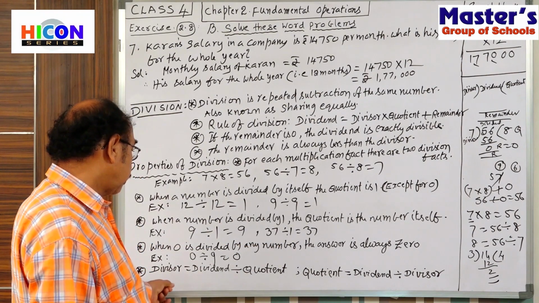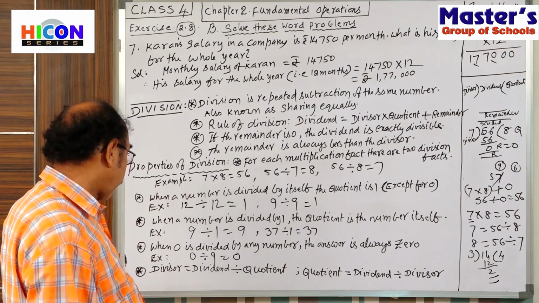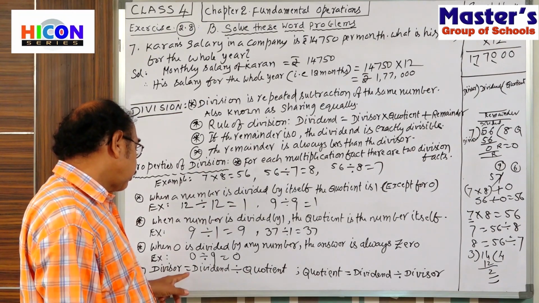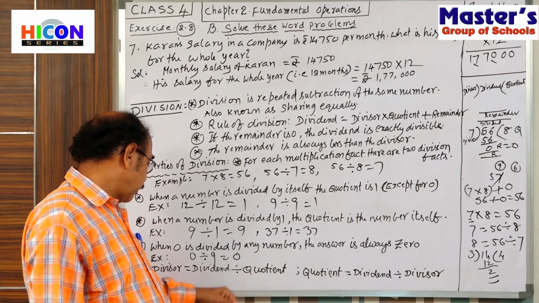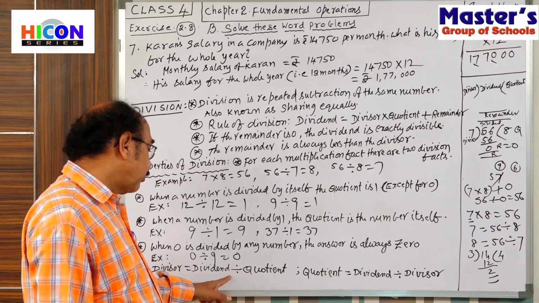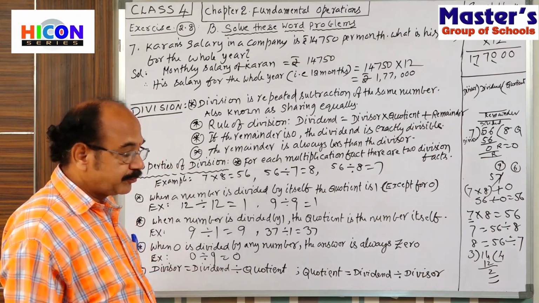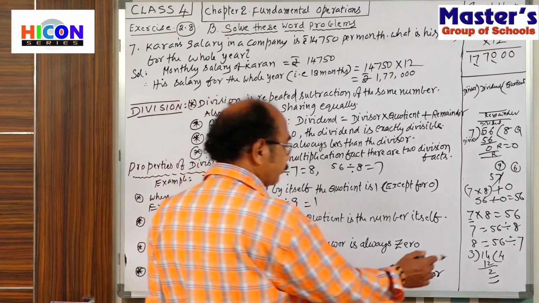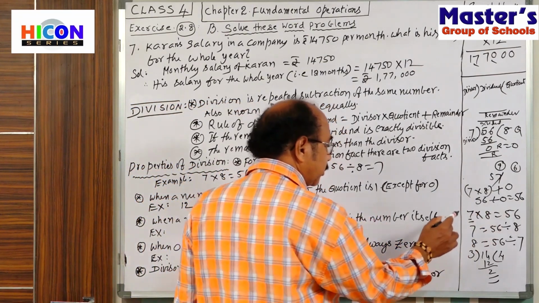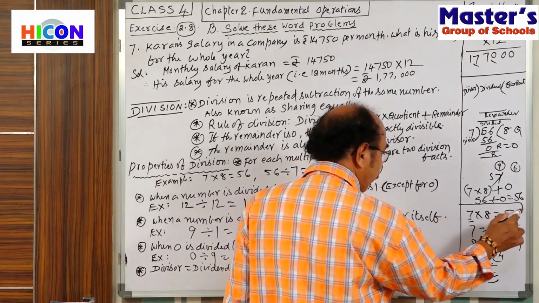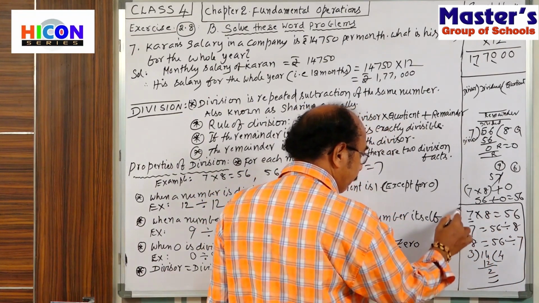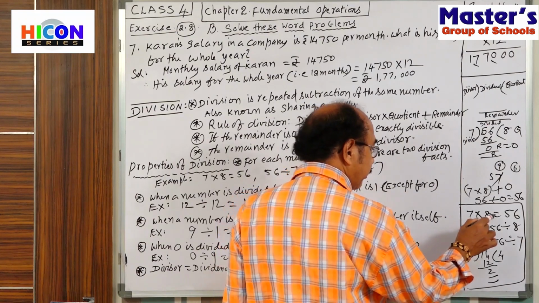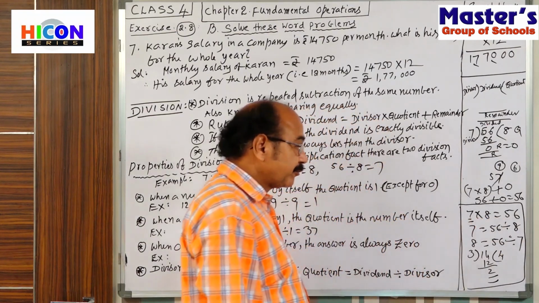Now come to this last point. Divisor is equal to dividend divided by quotient. Here I told you. 7 8s are 56. This is a multiplication fact. 7 into 8 is equal to 56.